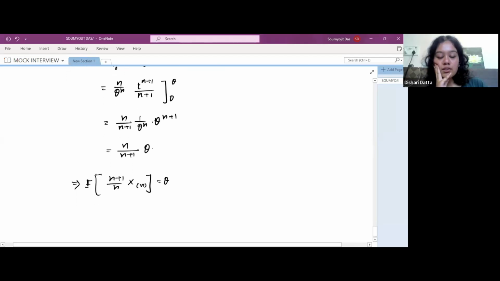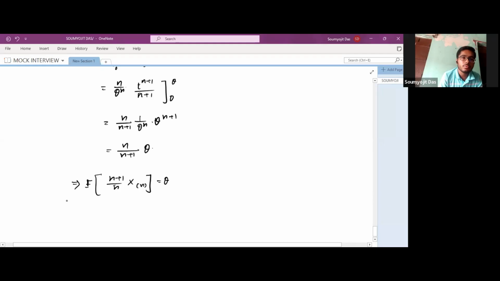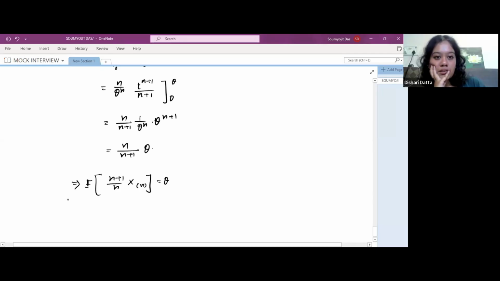Right. Okay. So by the Rao-Blackwell theorem, the conditional expectation of the unbiased estimator given the complete sufficient statistic should also give the MVUE, right? Yes. So it will give n plus 1 by n into X order n.